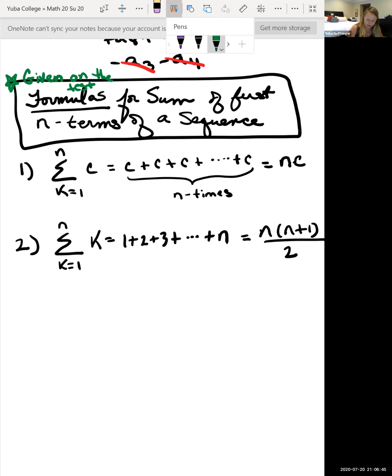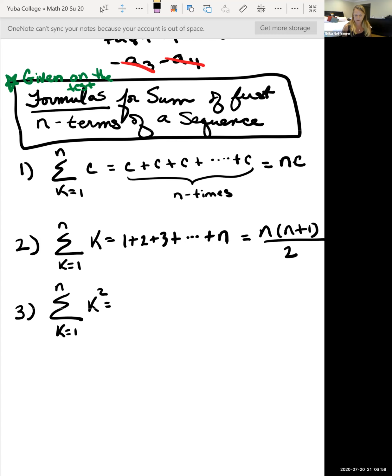Okay, so let's look at 3. You have the summation of k equals 1 to n of k squared. If we plug in our first value for our first term, we get 1 squared. Plus, if we now plug in 2 for our second term, 2 squared is 4. 3 squared is 9, so plus 16, plus dot, dot, dot, up to the nth term, n squared.